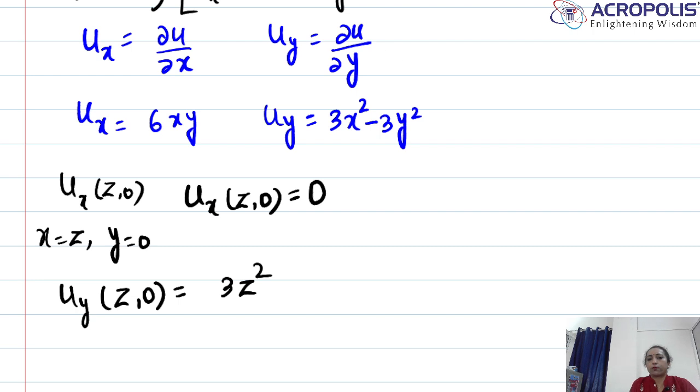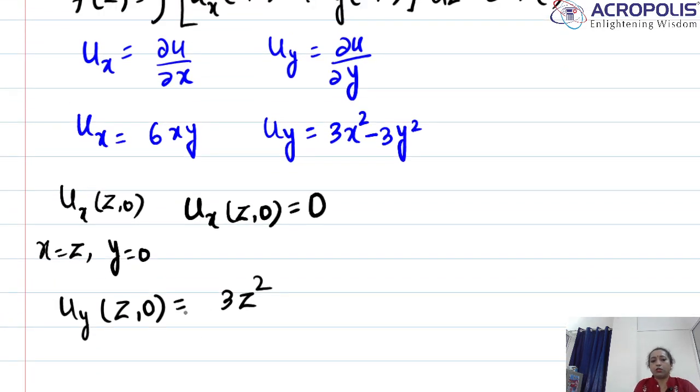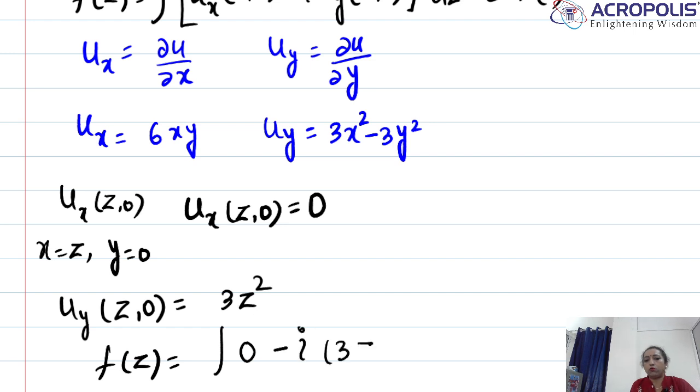So I am putting all these values in equation number 1. So my equation number 1 will become f of z is equal to the integration of, ux is 0, so this will become 0 minus i uy, that is 3z square, dz plus c.